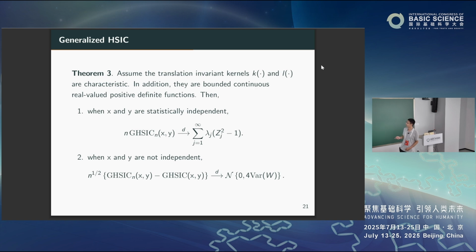And we can show that this estimation of the generalized HSIC at the population level is consistent under the null and root-n consistent under the alternative. This is a standard result, similar to the distance correlation and the HSIC.